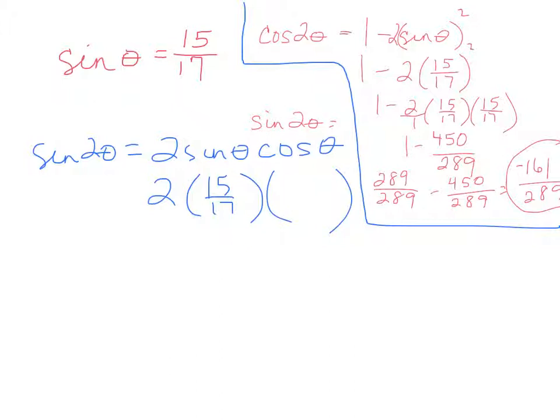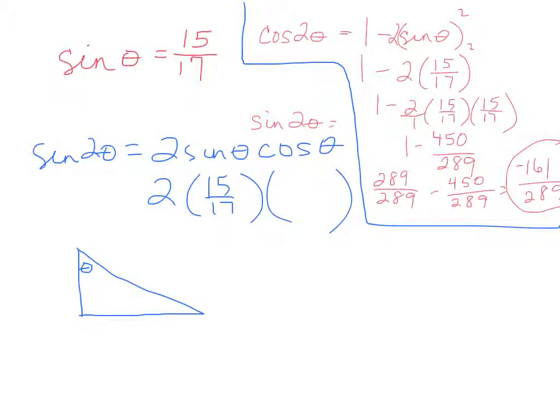So on this one, you have to draw that triangle. Draw a triangle. It doesn't matter which of those angles you call theta. You can call this one theta or the other. You're just setting this up in your mind.